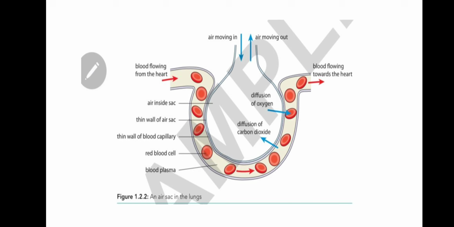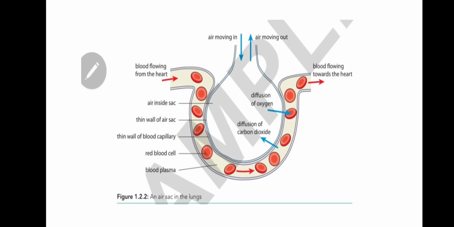So this is the process happening. You can see the visual representation here. Air is moving inward, and as you know, the blood will be having a higher amount of carbon dioxide. It will be releasing the carbon dioxide into the alveoli where the carbon dioxide is less. Also, the oxygen-rich alveoli will be releasing the oxygen to the blood capillaries where the oxygen component is less.